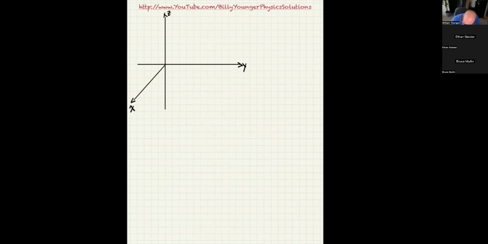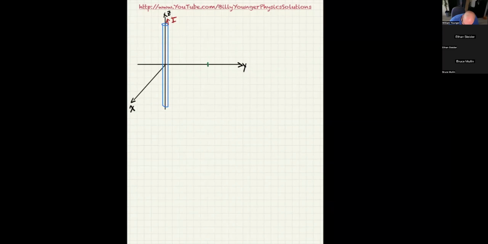And now what I'm going to do is imagine that I have a wire that's infinitely long and parallel to the z-axis. Okay, I'm going to further imagine that the current I is going up.